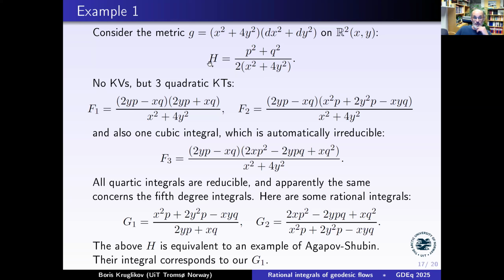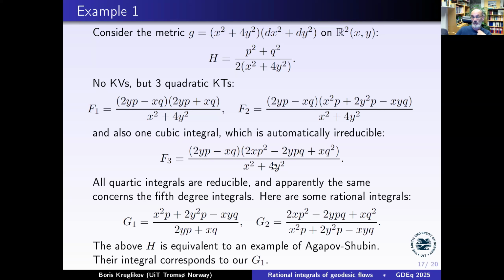In addition, this Hamiltonian has 1 cubic integral. And it's automatically reducible because the only way to factorize a cubic is linear times quadratic, and there's no linear integral. But you see actually some factorization. Okay, so there's linear times quadratic, and there's some zero-order in P term.